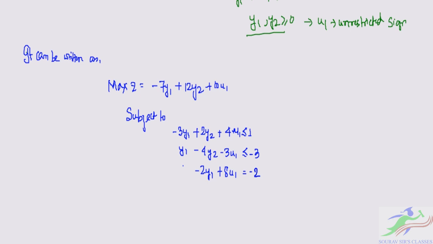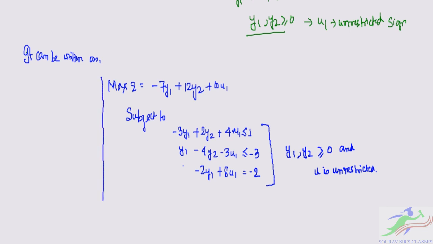So here y1 and y2 are greater than or equal to 0, and u1 is unrestricted. Okay, so that's the solution to our problem.